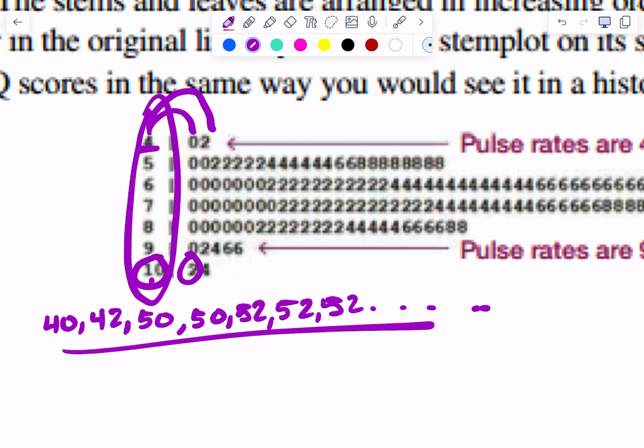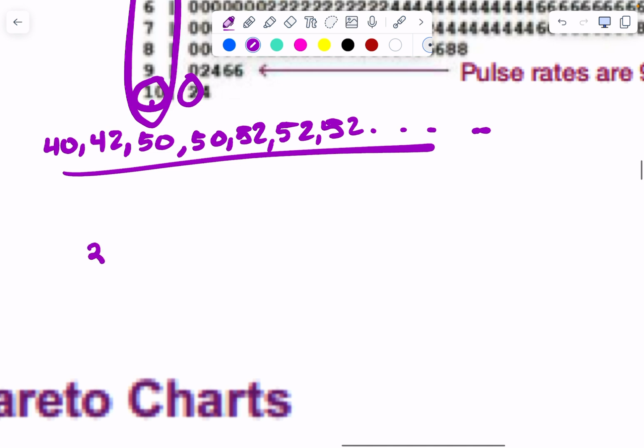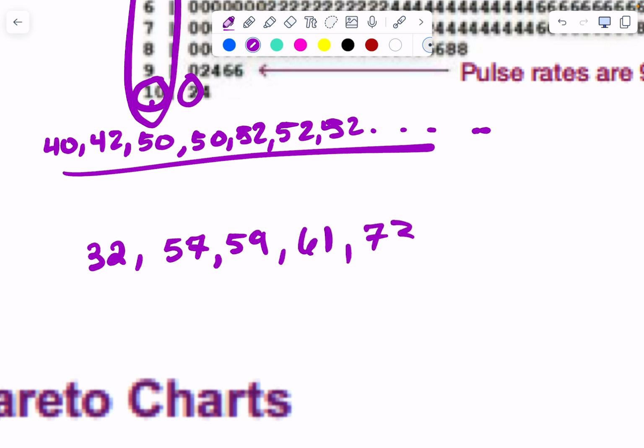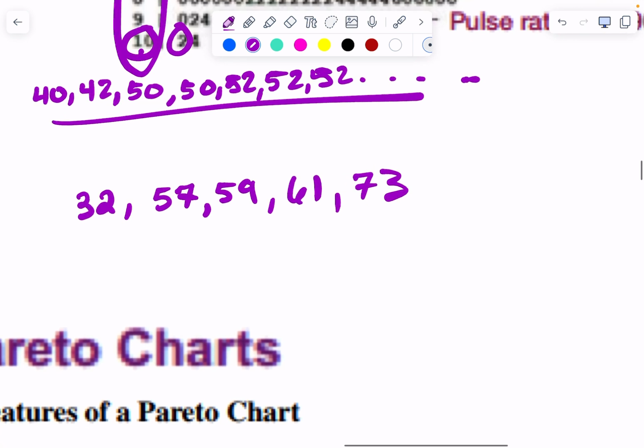Okay, what is this number right here? 102. That's 102, right? Okay, now people have done this before. Let's say I have 32, I have 57, 59, 61, 73, whatever, right? Okay, so I start with 3 and I do a 2. Make sure that even if you don't have a tens unit, you still put it down.